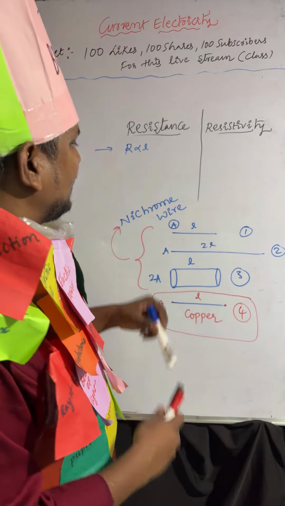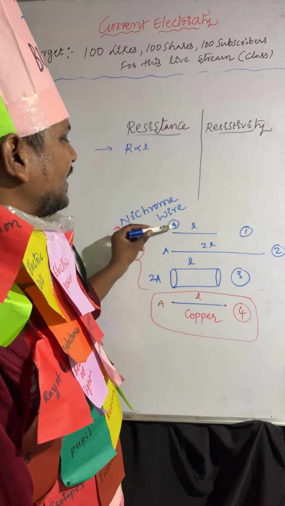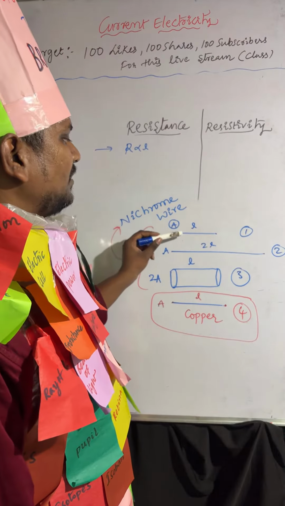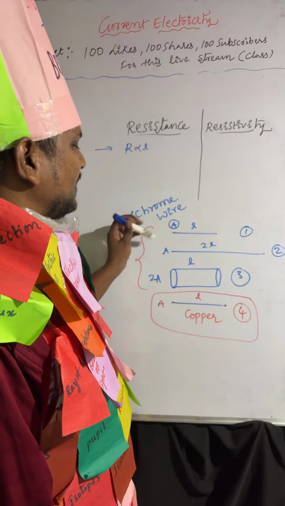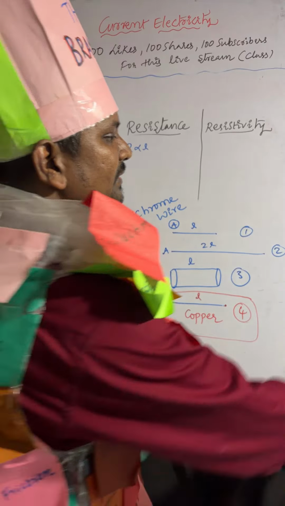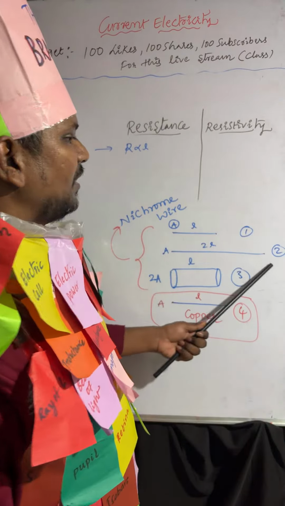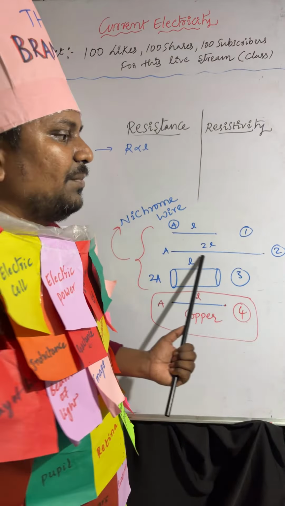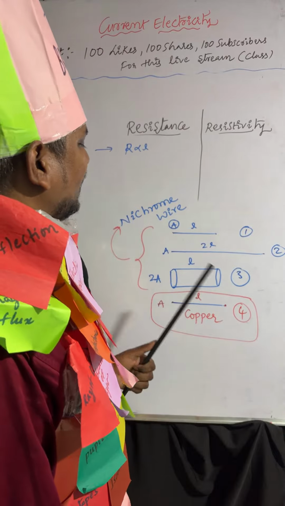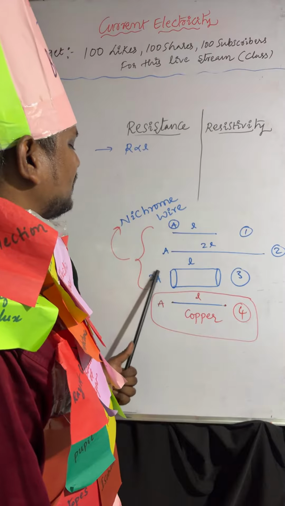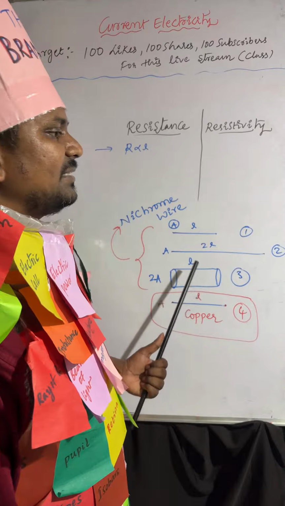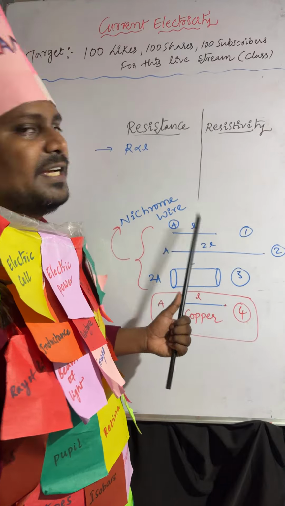Understood or not? Once again, nichrome wire, case 1: length of the wire is L and area of the cross section is A. In the second case, the length of the wire is doubled, and the area of the cross section is A. In the third case, the area of the cross section is twice, and the length is same as in the first case.